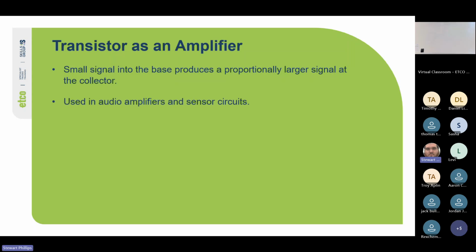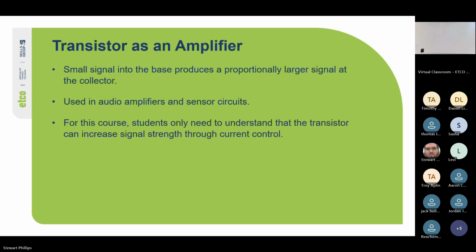So it's used in audio amplifiers and sensor circuits. For this course, you only need to understand that the transistor can increase signal strength through current control. We're not expecting you to do anything further than that.